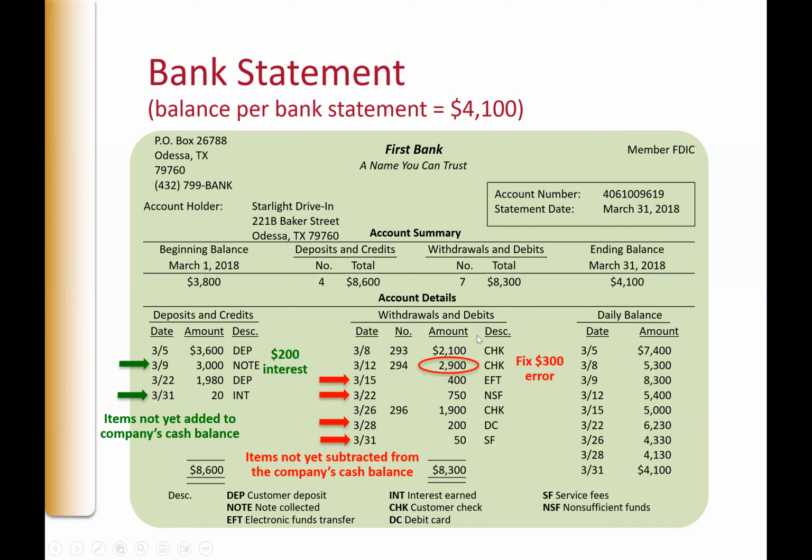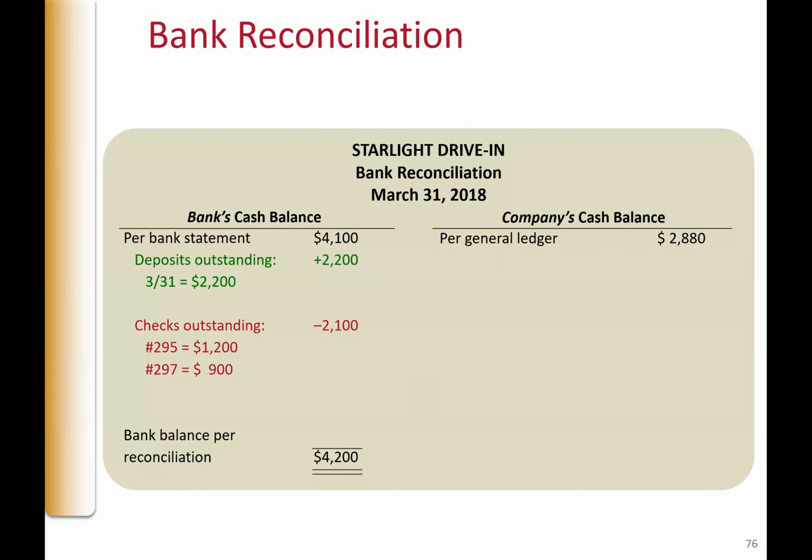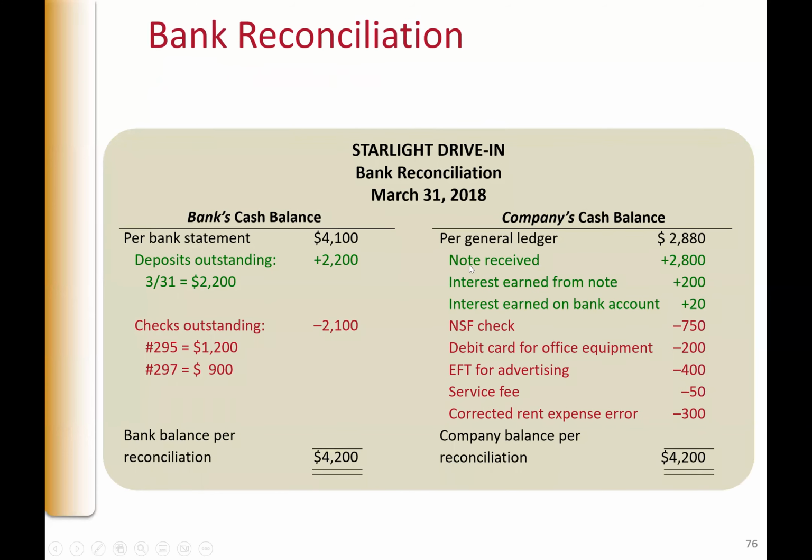Remember that one check that we showed for $2,600 on the company side truly was $2,900. So we're going to need to correct that. So here you see the note received of $2,800. $200 of that $3,000 was interest. We need to show $20 of interest earned on the bank. And then our subtractions involve an NSF check of $750, debit card for office equipment of $200, electronic funds for advertising, $400, a service fee for $50.